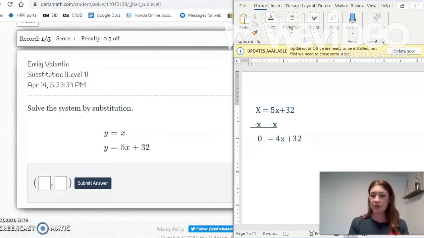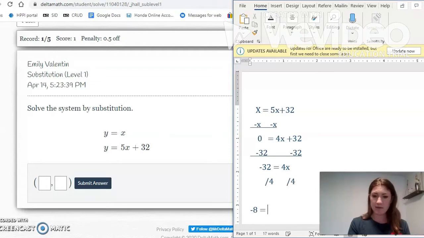Nothing's happened to that 32 yet, but I want to get my x by itself, so I'm going to subtract 32 from both sides. That leaves me with negative 32 equals 4x. Getting x by itself, it's being multiplied by 4, I want to unmultiply, in other words divide by 4.